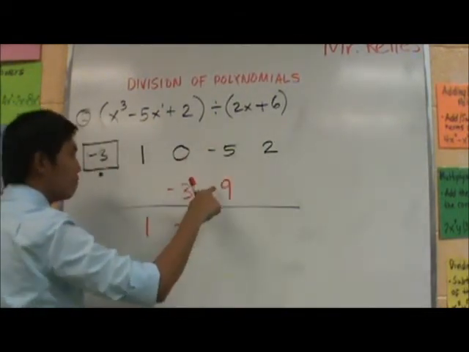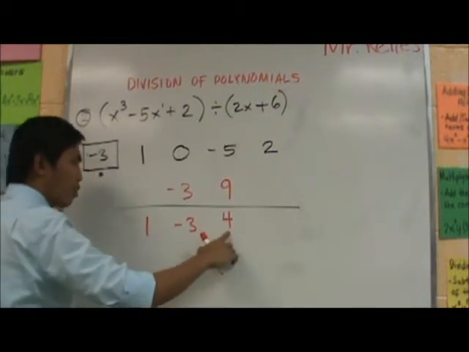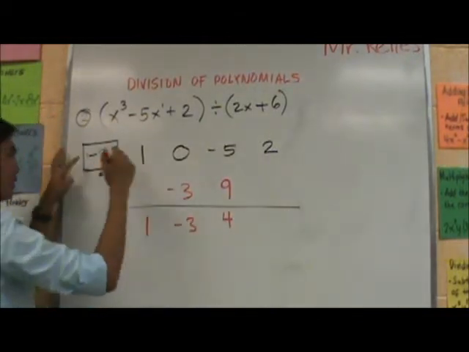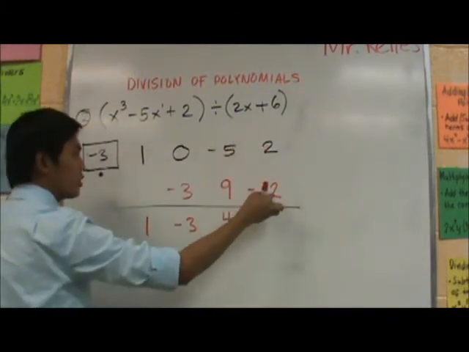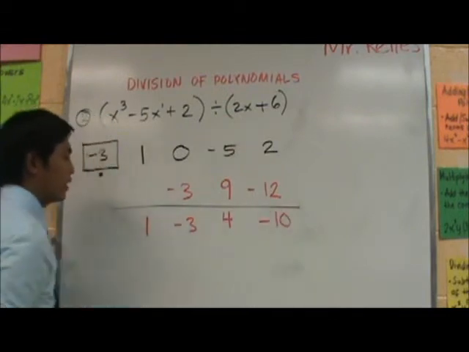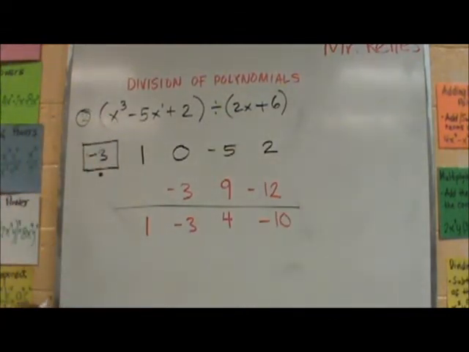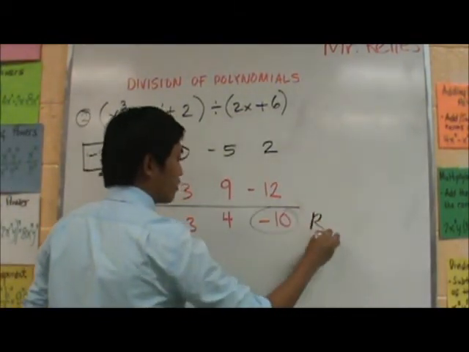Then negative 5 plus 9 is 4. 4 times negative 3 is negative 12. 2 minus 12 is negative 10. And again, the last number is going to be your remainder.